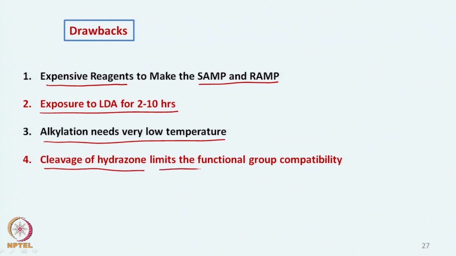This limits the functional group compatibility, because, as we saw in the case of preparation of the nitrile, we cleaved it by means of per-acid treatment. Suppose your molecule contains a double bond, then there will be a problem in terms of the per-acid reacting with the double bond also. So, functional group compatibility has to be seen.